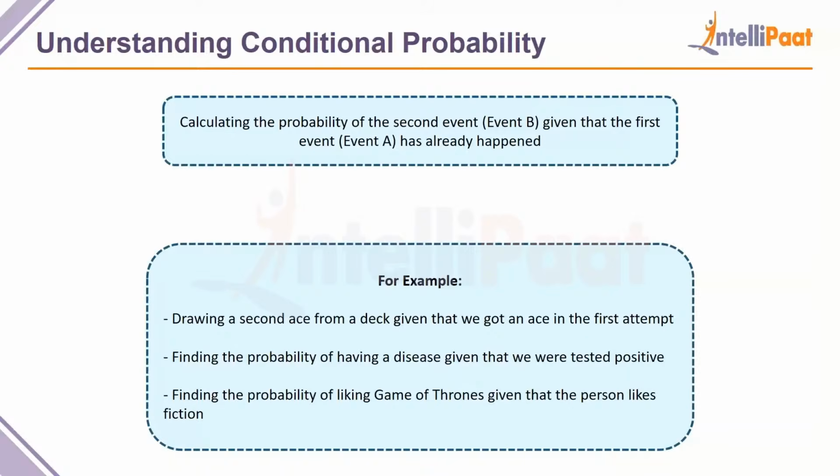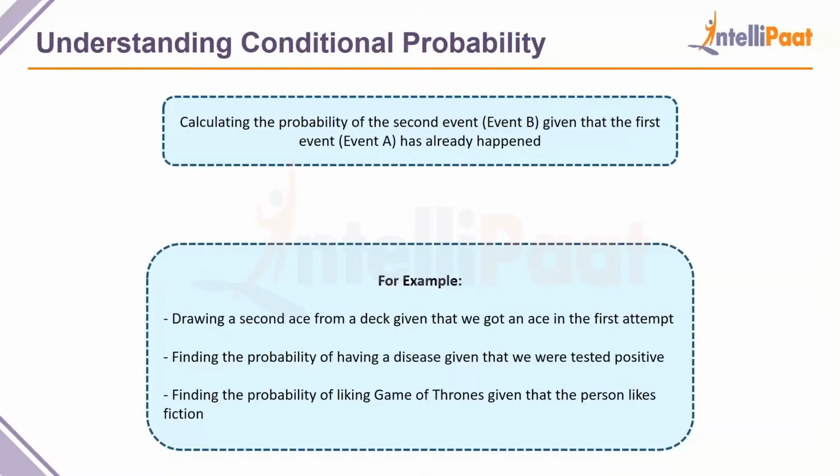Third is finding the probability of liking Game of Thrones given that a person likes fiction. Game of Thrones is a fantasy fictional world that is written inside a novel and has a TV show. What is the probability that anyone is going to like it, given that they have already told us that they like fiction, they like fictional books?